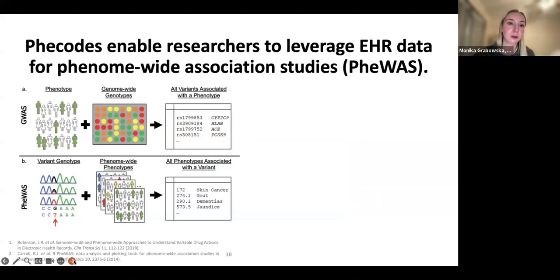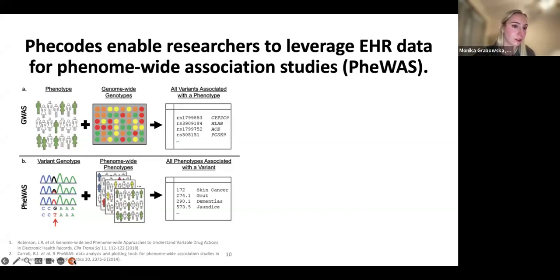But the utility of Phe codes really is in allowing researchers to leverage EHR data for performing PheWAS analyses. And PheWAS can largely be thought of as the reverse of a genome-wide association study, or GWAS, in that in a GWAS, you're starting with individuals who have a particular disease, and then comparing them to individuals without that disease and looking for genetic variants that are associated with that disease.